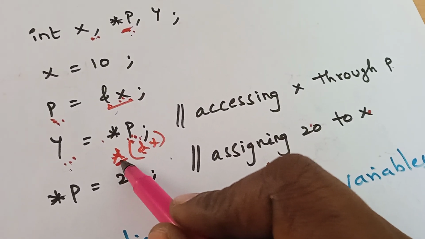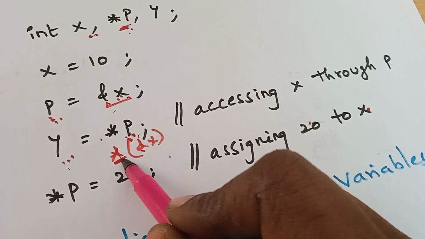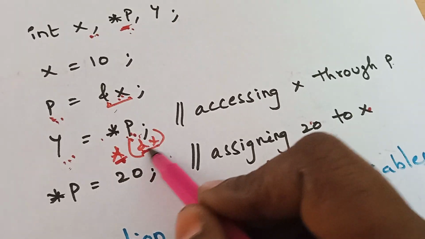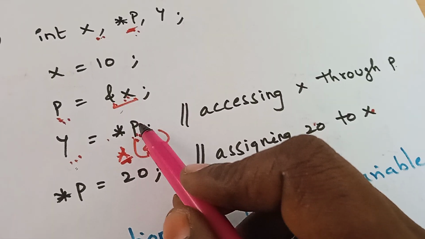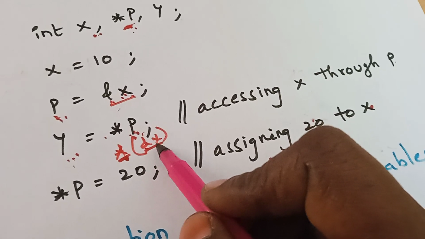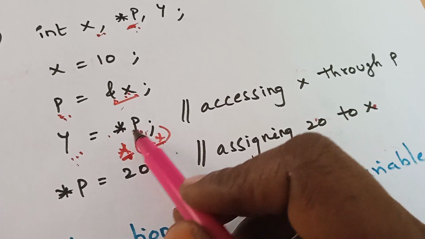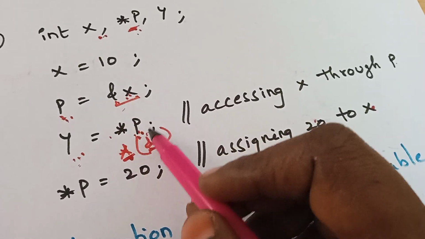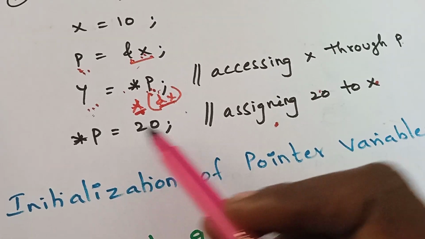This star always represents the value which is available in the address of x. Okay, star p means what? Value. Whose value? The value which is available in the x. So what you are doing here, you are accessing the value of x through p. Okay, now, this is what? Assigning 20 to x.